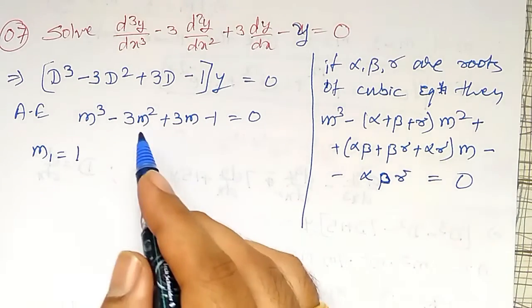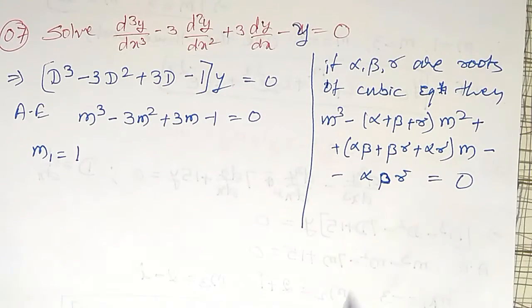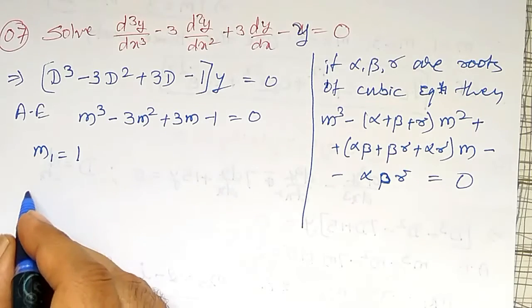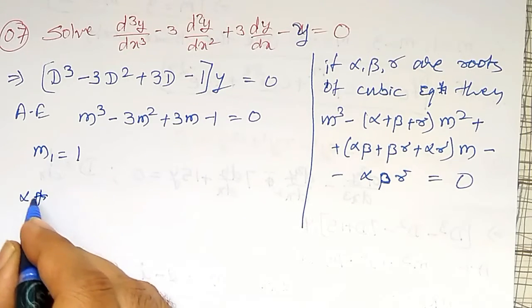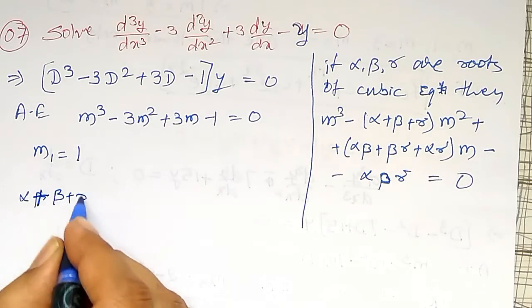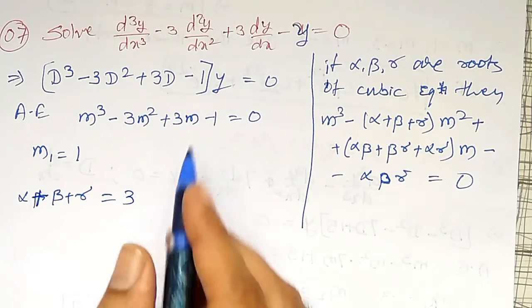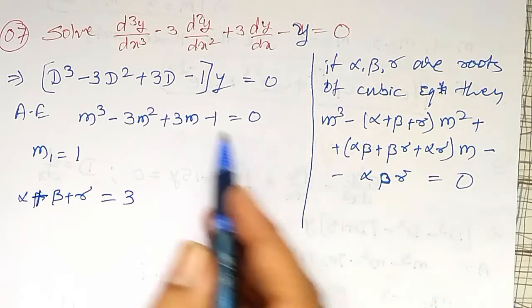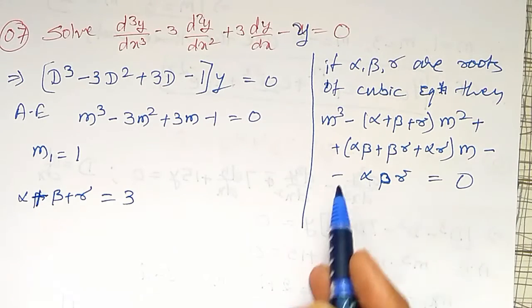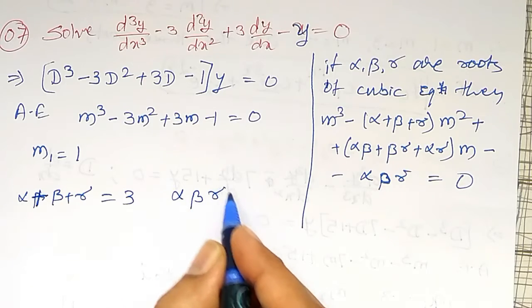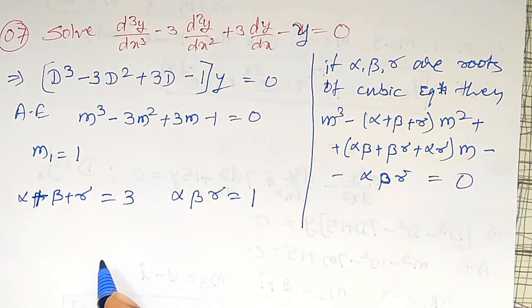If you compare these two equations, alpha plus beta plus gamma equals 3, where the minus signs cancel, and alpha beta gamma equals 1.